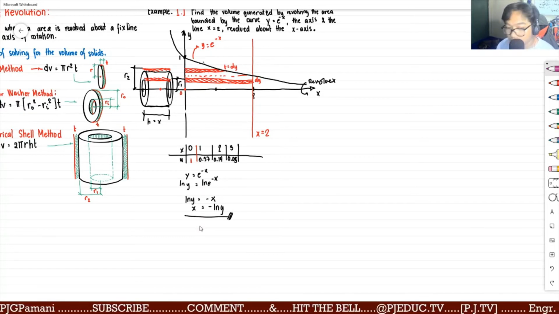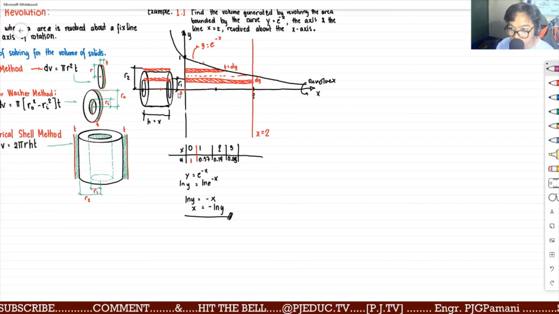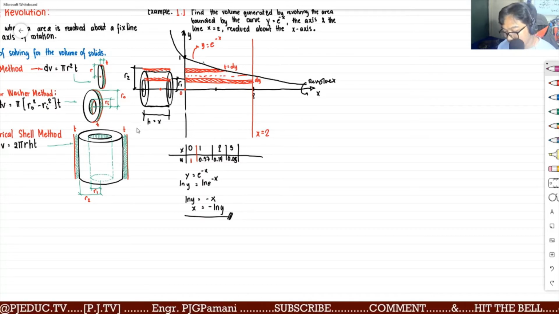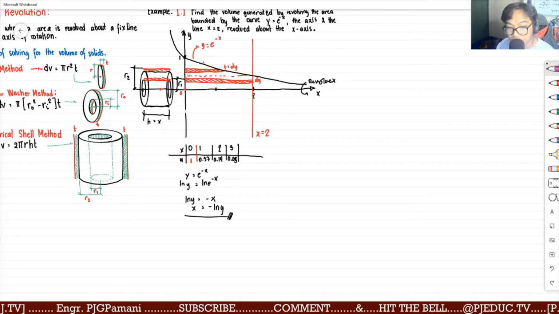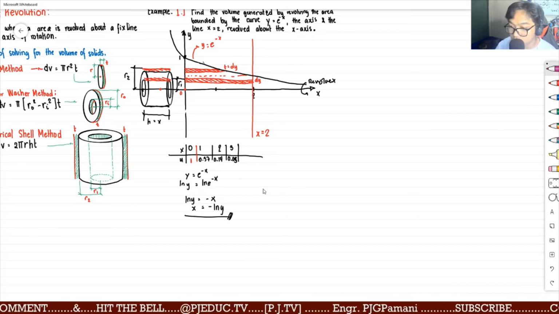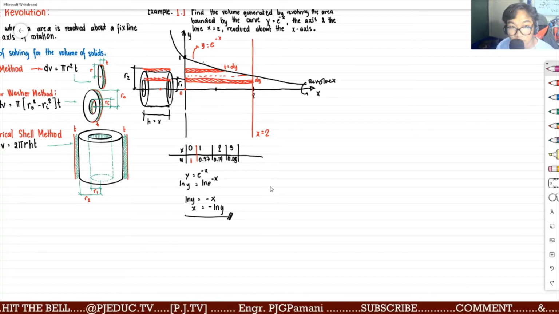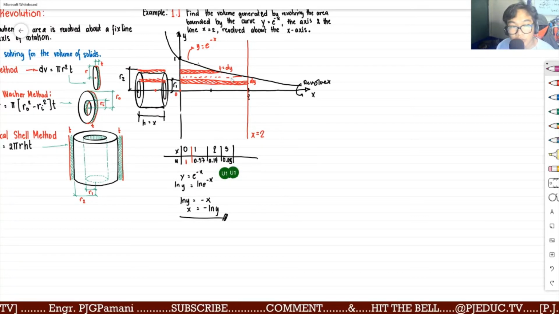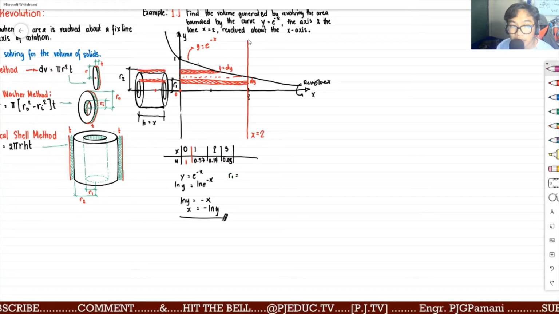Now, let's check for radius 1. Unahin muna natin yung volume ng cylinder with respect to radius 1. Radius 1 is directly from the point of origin up to the line x equal to 2.